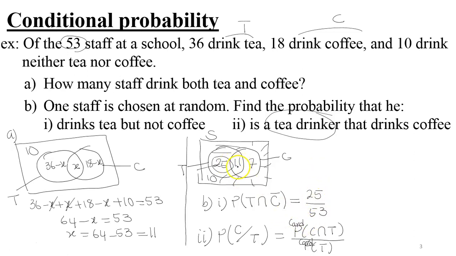So over here, it's the intersection of C and T, which is 11, divided by the cardinal of T. Since T is realized, T has become my total population, which is 36. So the probability that a person that already drinks tea also drinks coffee is 11 out of 36.